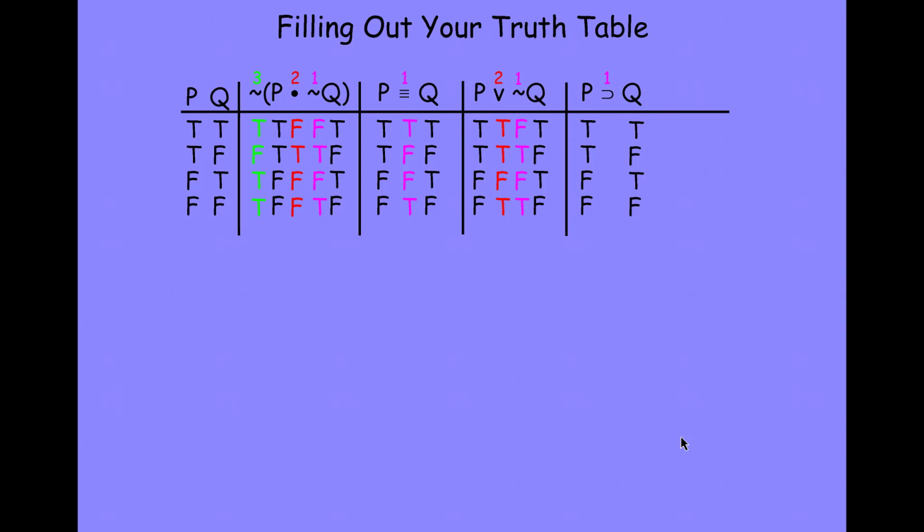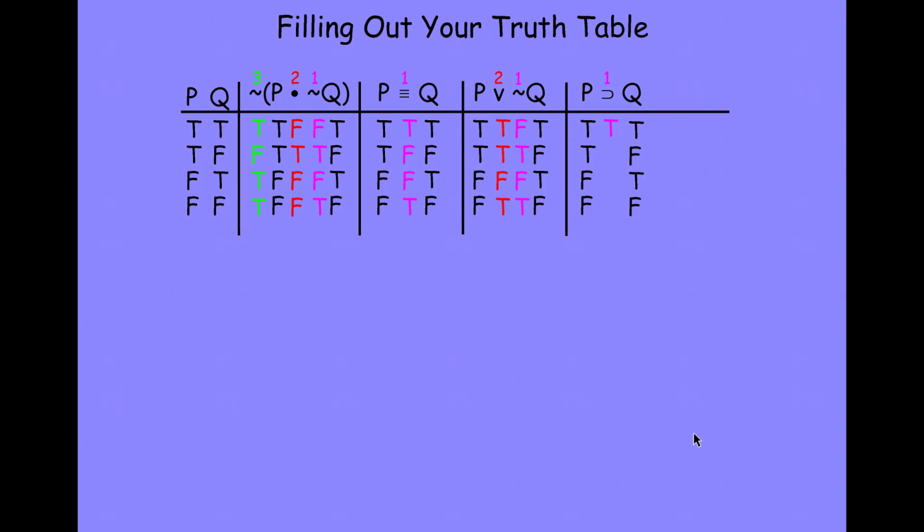Our rule for the horseshoe is a rule for the conditional, and it says the only way to make a conditional statement false is if the antecedent, the left hand of the conditional, the open end, is true, and the consequent, the right hand, the closed side of the conditional, is false. So on that first row, antecedent is true, consequent is true, hence our conditional statement is true.